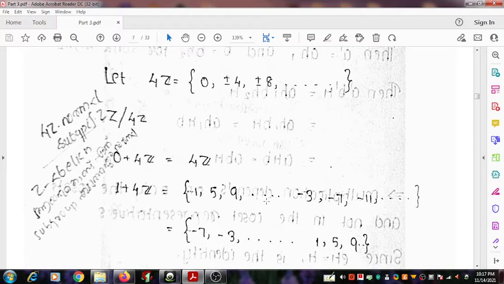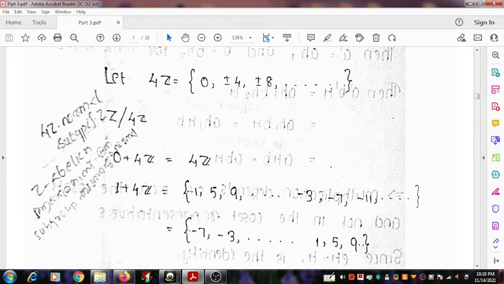These elements are 1, 5, 9, etc. You can see a gap of 4 between two adjacent integers. So 1 plus 4 is 5, 5 plus 4 is 9, 9 plus 4 is 13, etc. Not only that, there also exist negative elements: minus 3, minus 7, minus 11, etc. All these belong to the set 1 plus 4Z.